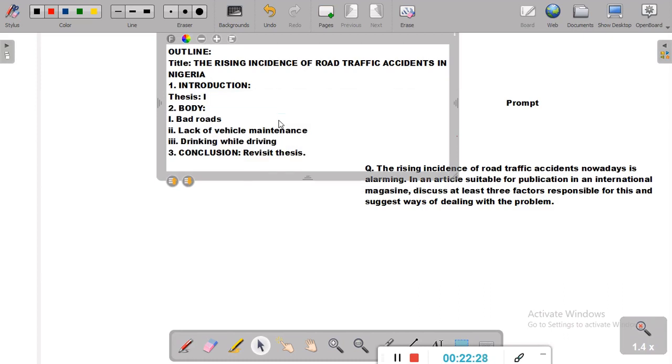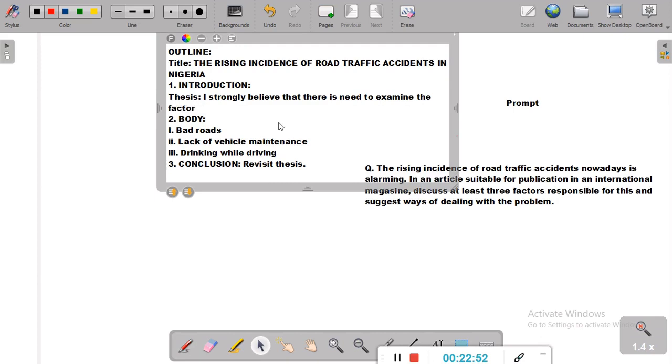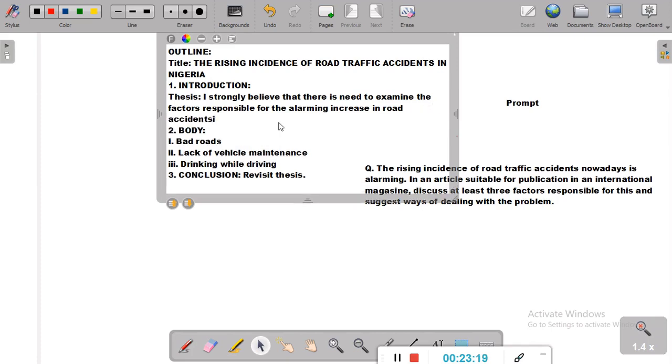So nothing stops you from saying, I strongly believe that there is need to examine the factors responsible for the alarming increase in road accidents in Nigeria.